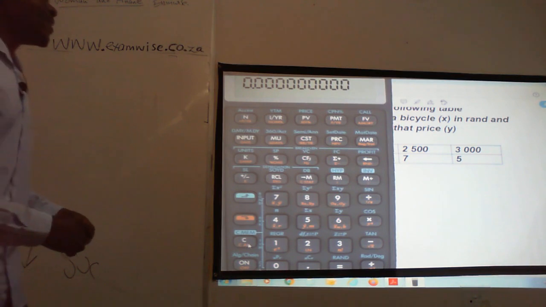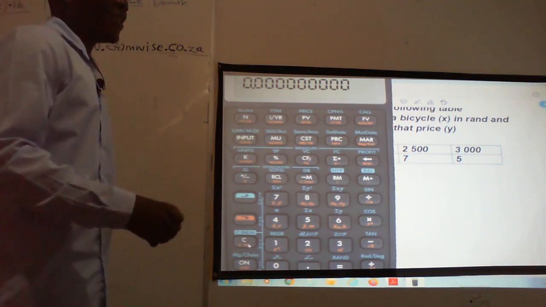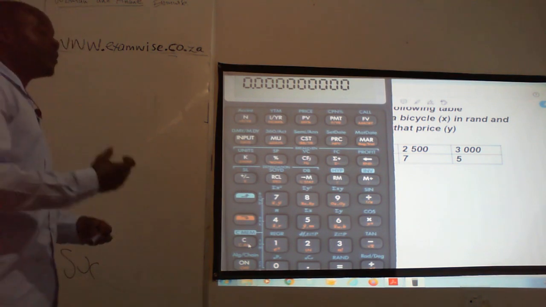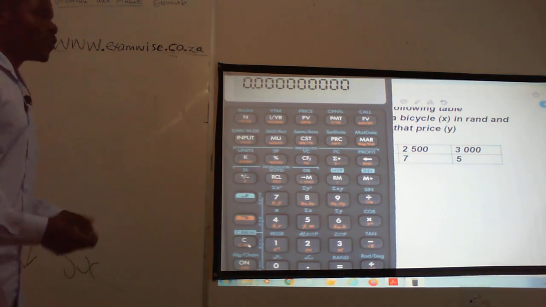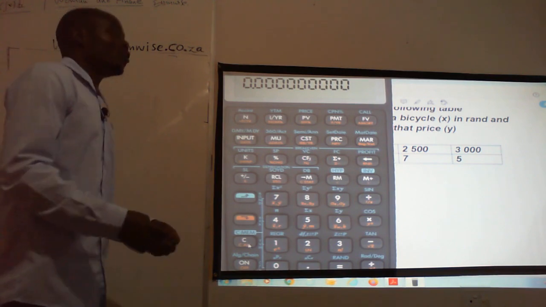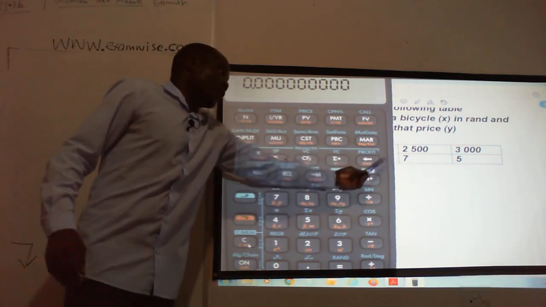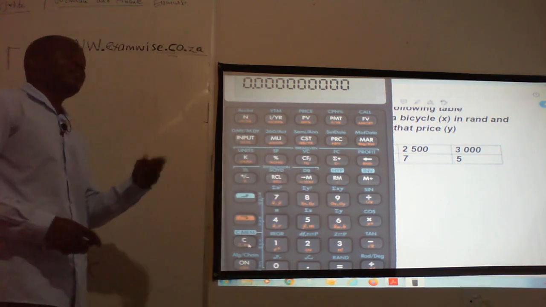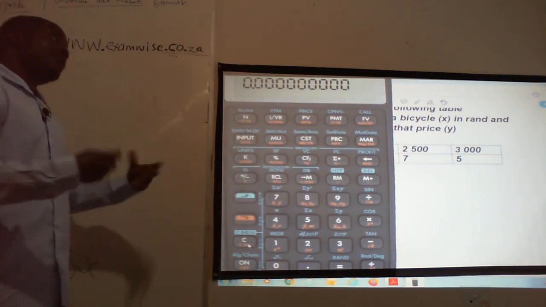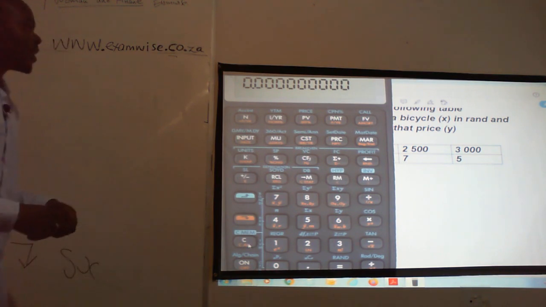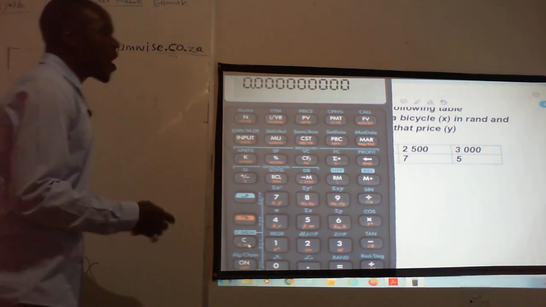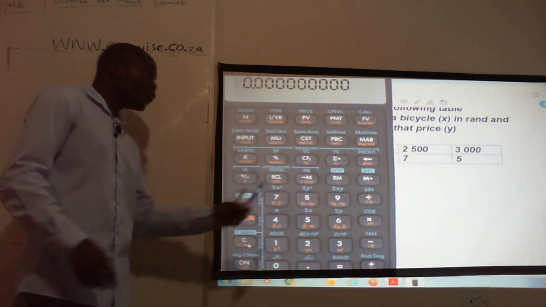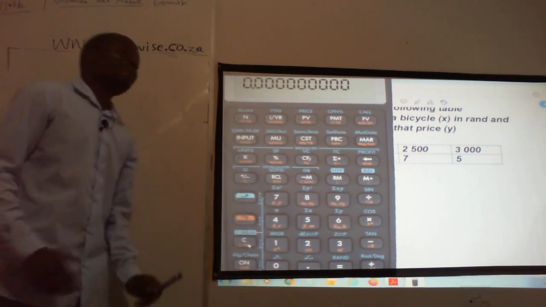So the question now is, how are we going to enter the given variables? Since they are asking for the standard deviation for the number of bicycles sold, and the number of bicycles sold is represented by Y, we are going to use our Y. If they were asking for the standard deviation for the price, then we would use our X. To enter the Y variables, we use summation.